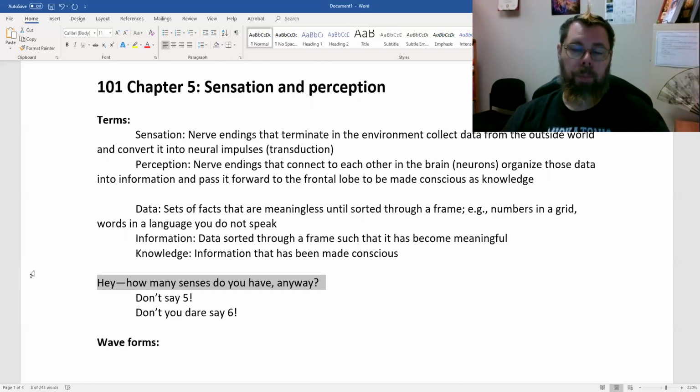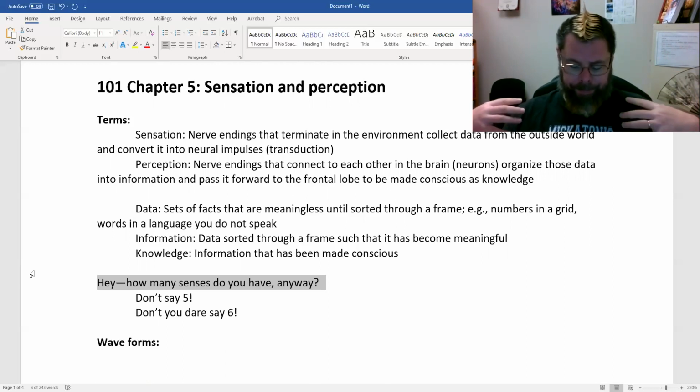What about proprioception? The kinesthetic sense, your body's sense of its own position in space. Arguably a sense. I don't know what is the sense receptor. It's really the nerve endings in the body, but they're not nerve endings in the skin.